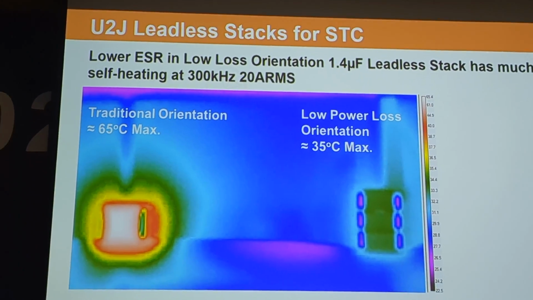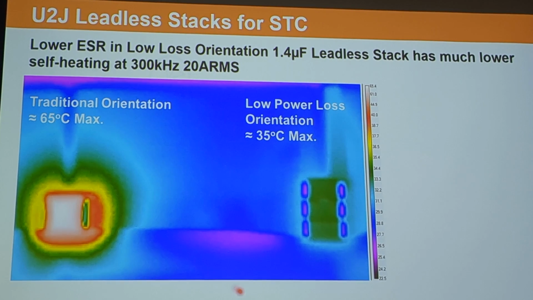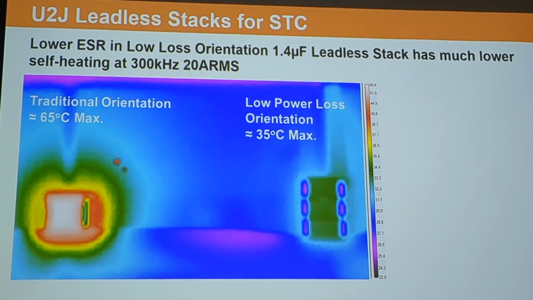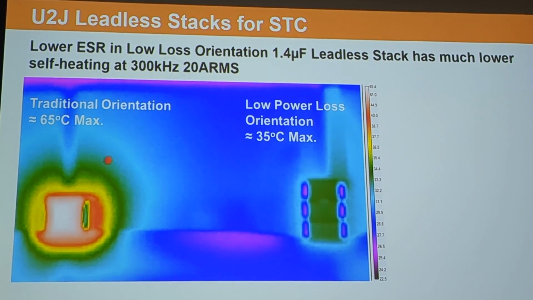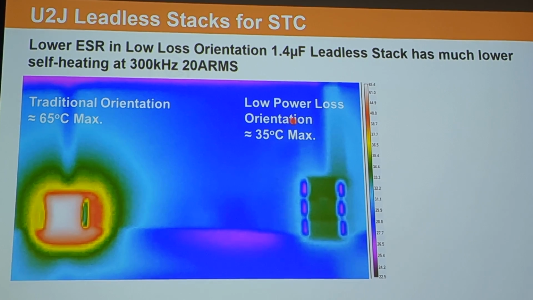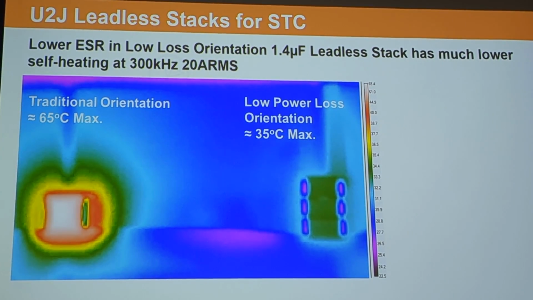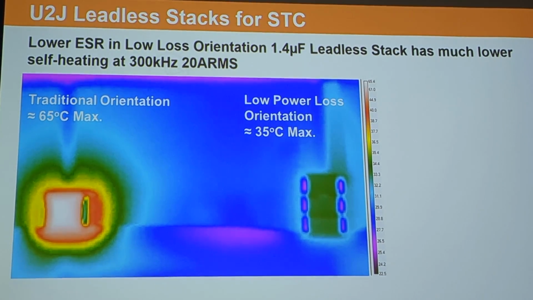This is the real thermal image. As you can see from this thermal image, compare these two orientations. For the conventional one, the top surface temperature can reach 65 degrees Celsius. And for the low loss orientation, the top surface temperature is only 35 degrees Celsius.